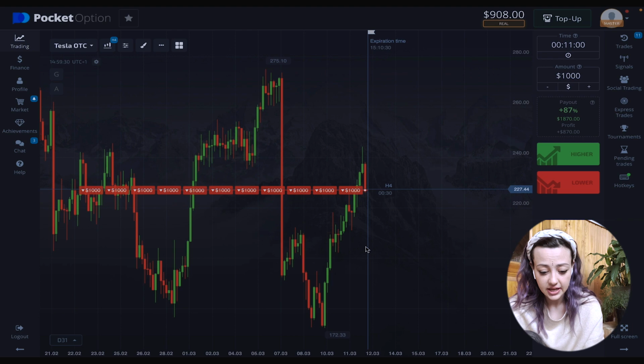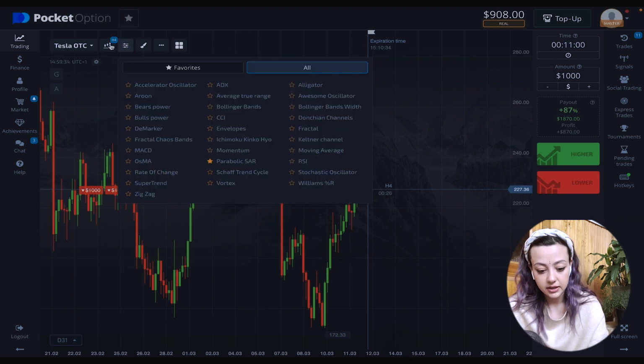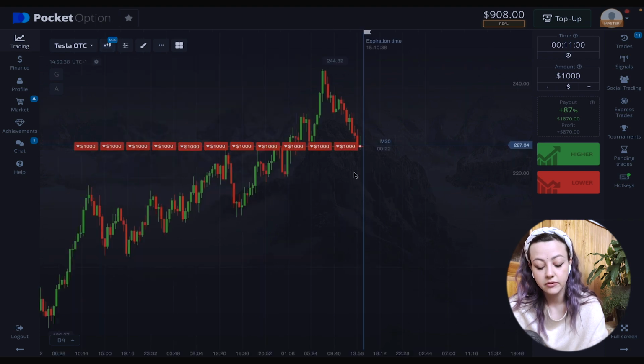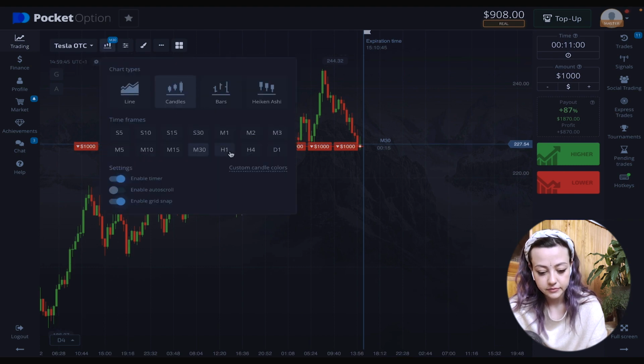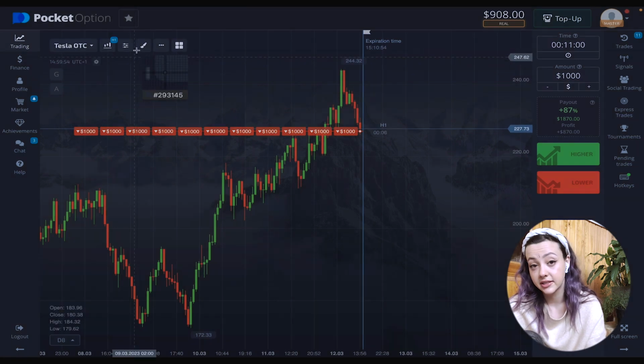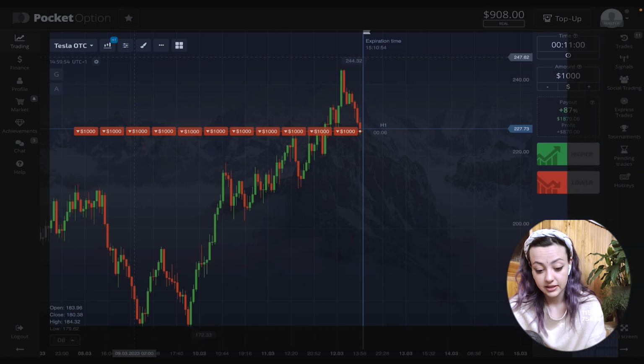As for indicators, let's skip back to the 30 minutes time frame, and we can see the up price range. Yes, 1 hour. The price range is uptrending, but the general tendency is downtrend.